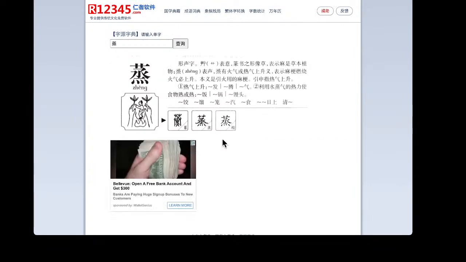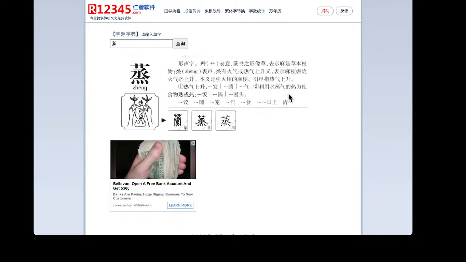Now, for the character of steaming, the older character had a different word without the grass radical. But when they simplified it, they all just use this one to mean steam also. This is how it evolved.